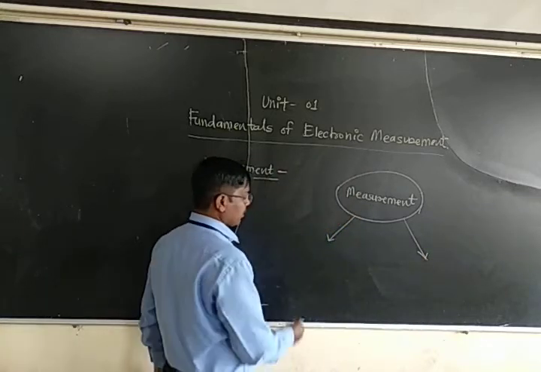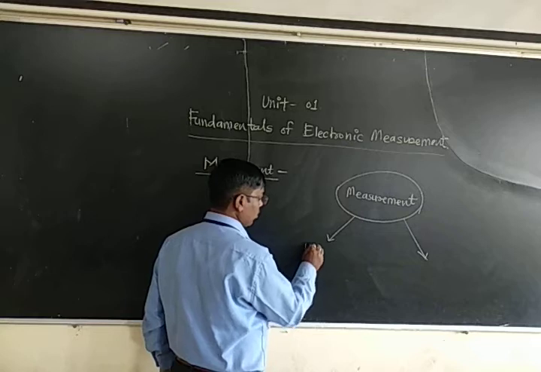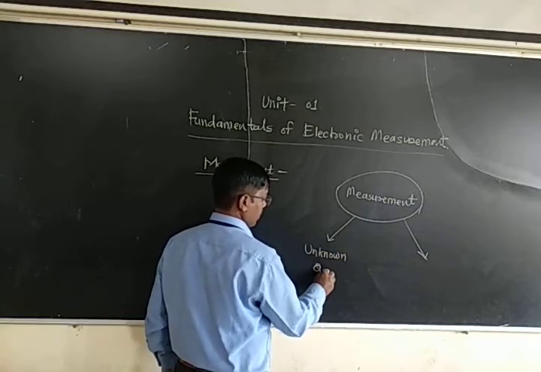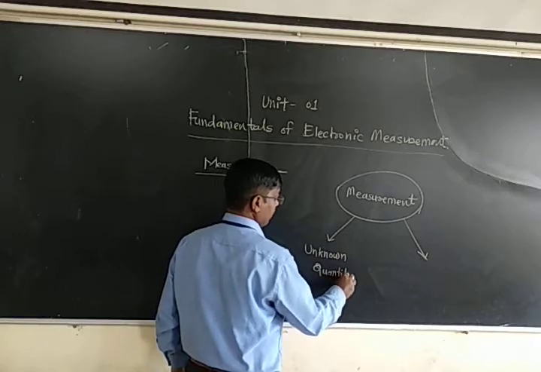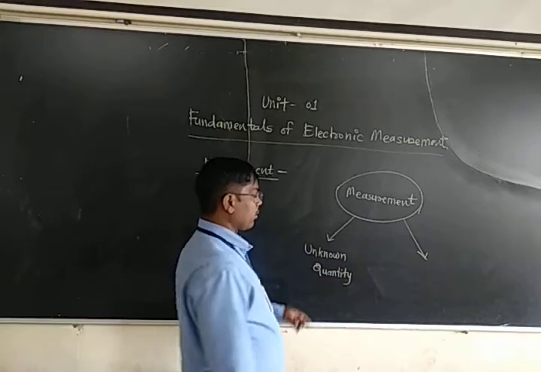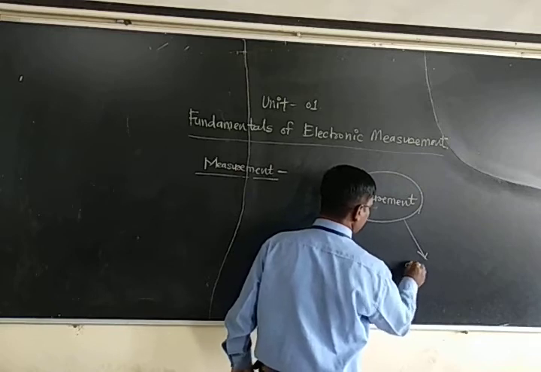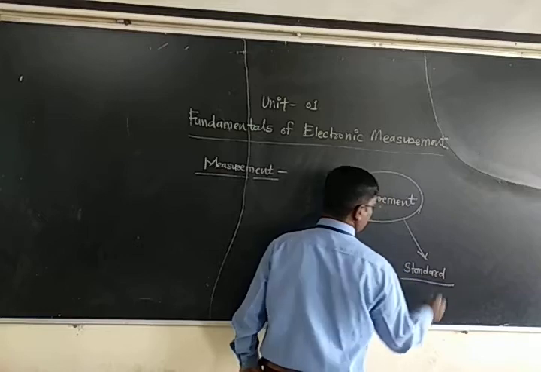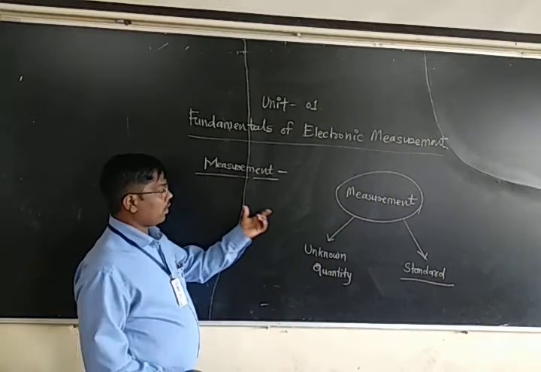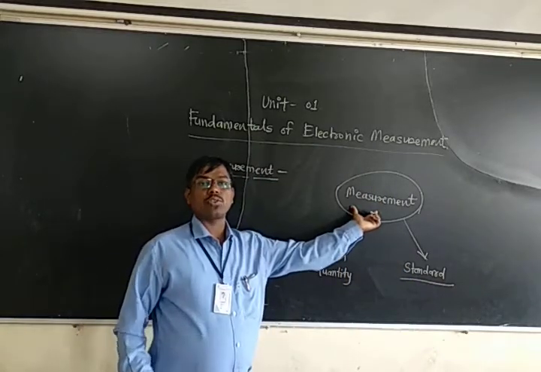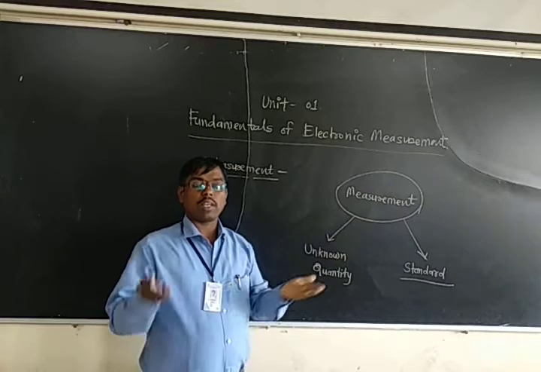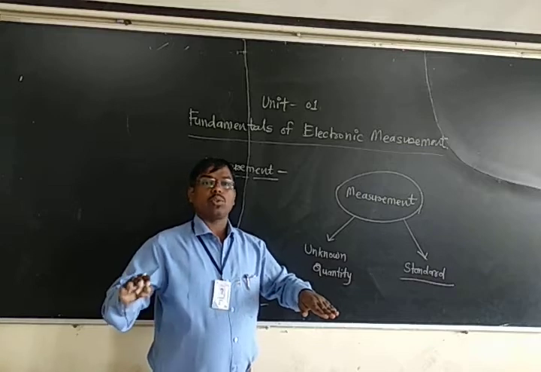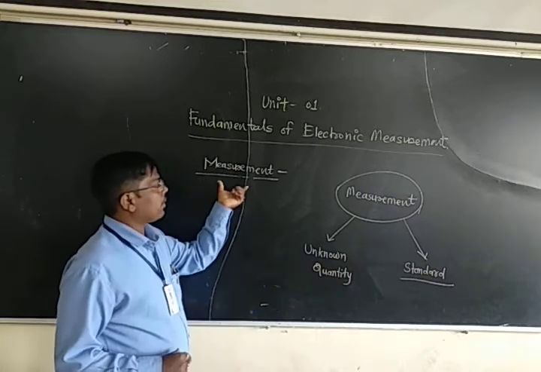The first one is the unknown quantity, and the other one is the standard, which should be used for the measurement of the quantity. Now, the measurement process is carried out with the help of a comparison between the unknown quantity and the standard quantity. So it is the definition of measurement.